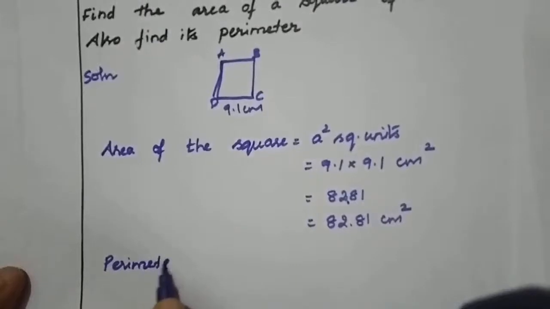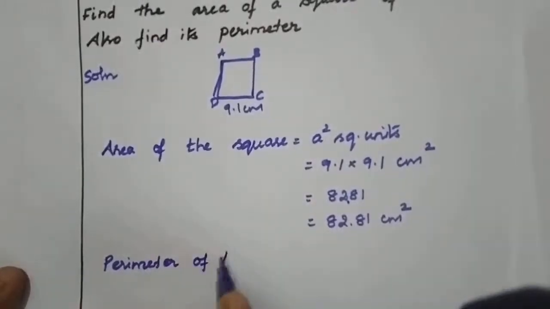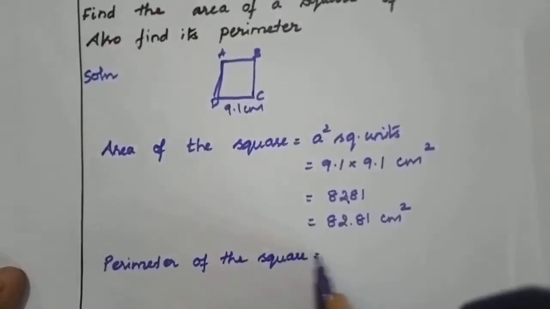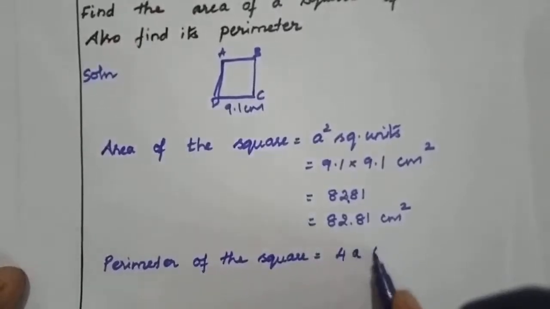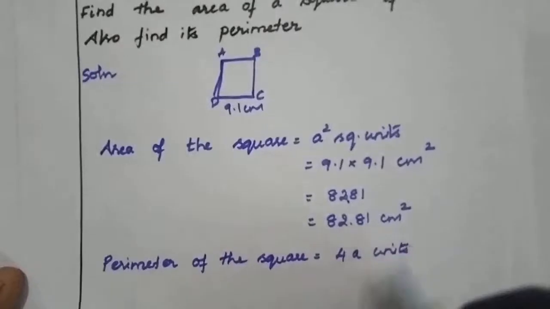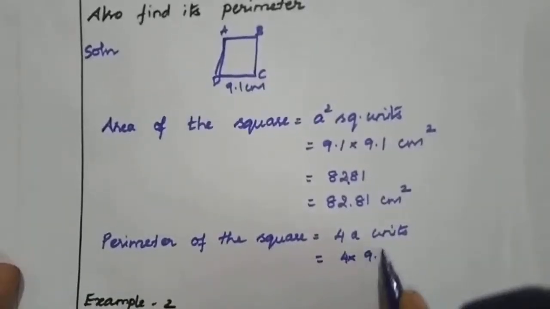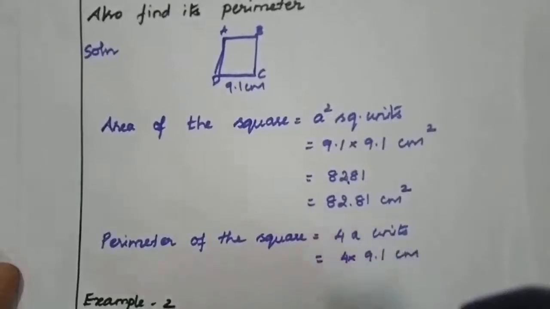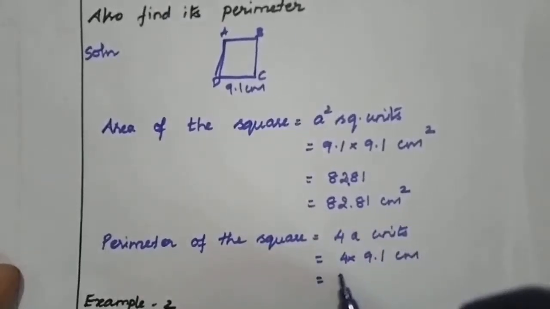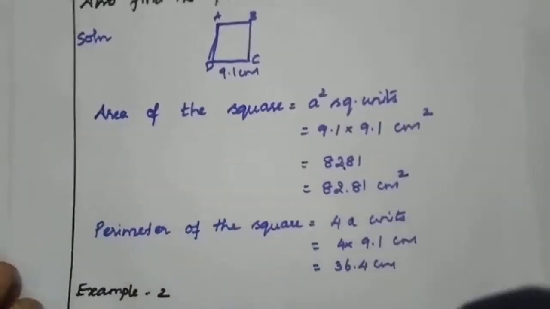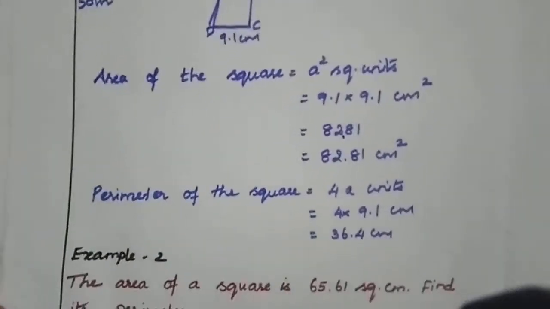What's the formula for perimeter of the square? Yes, 4 into A units. Now 4 into, substitute the value of A as 9.1 and the unit is centimeter. Now you will get the answer as 36.4 centimeter. Is it clear, children? Yes.